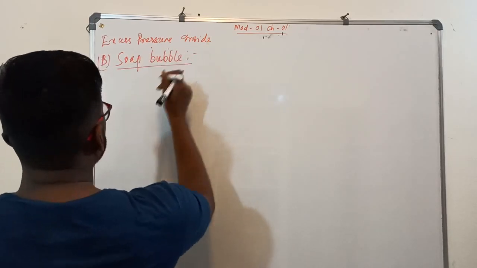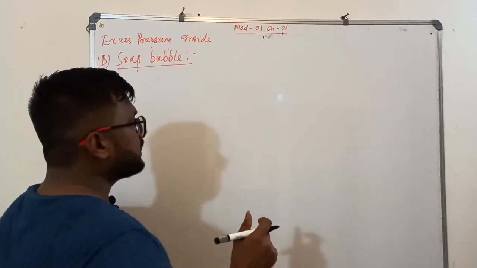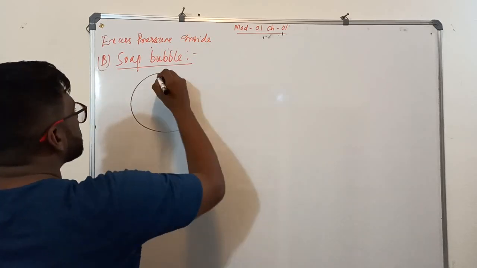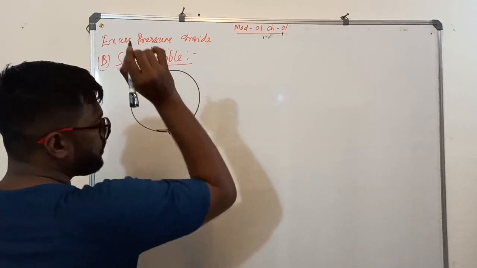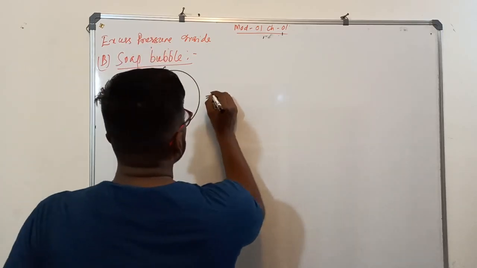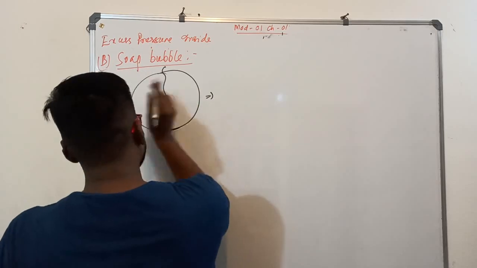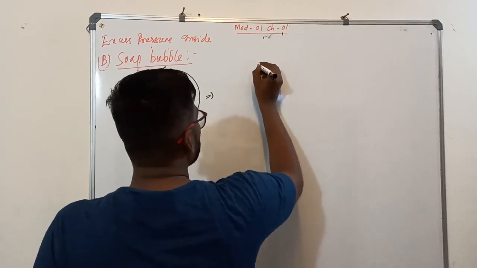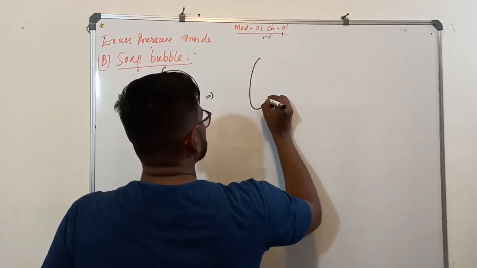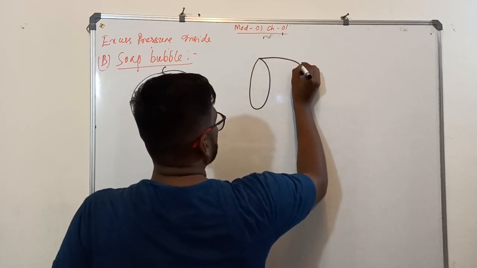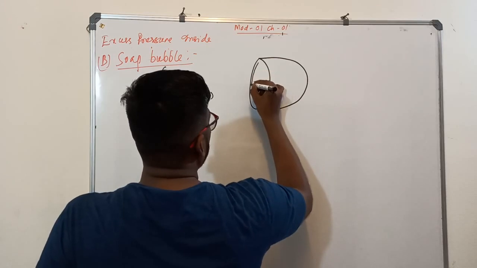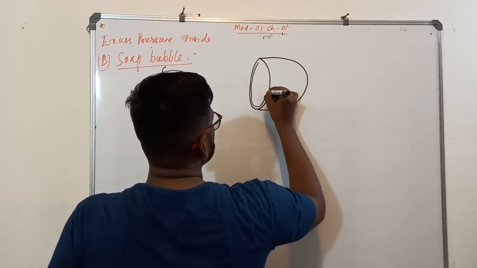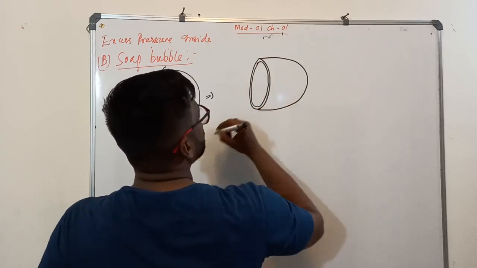Excess pressure inside a soap bubble. Same thing. What you have to do? This is the soap bubble. Break it, take one side of this, any side, left or right, symmetric only. So I'll take it like this. And how many surfaces are there? 2 surfaces.